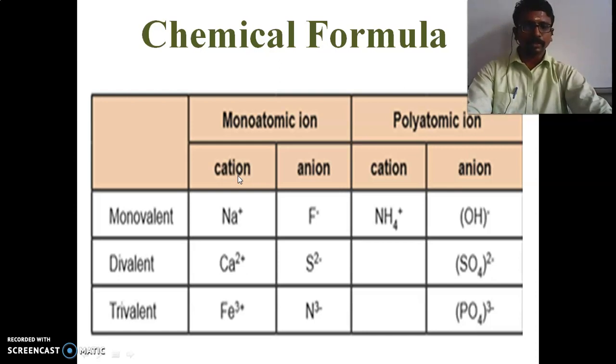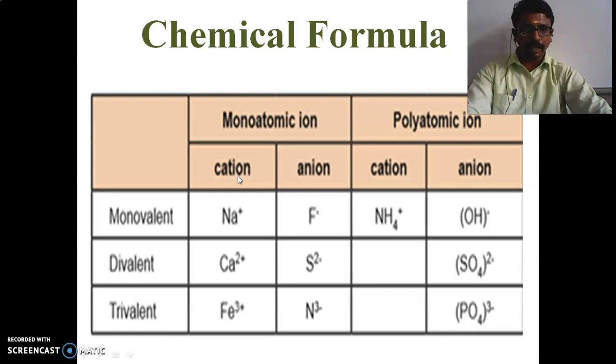Take sodium chloride. What is the formula for sodium? Na. The valency for sodium is +1. For chloride, the valency is -1. So we have to apply crisscross, and the formula for sodium chloride is NaCl.